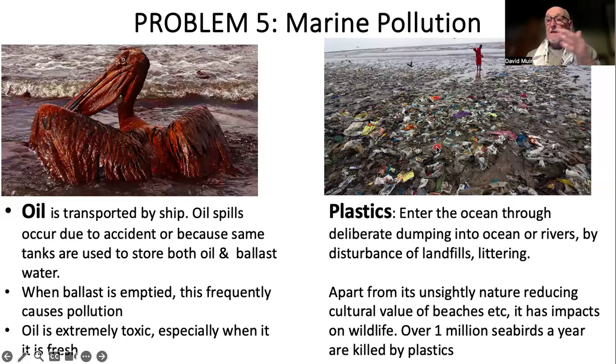And we've discussed that before. We saw the great oceanic gyres, which accumulate huge areas of plastic trash which has ended up in the oceans. In fact, about 1 million seabirds a year are killed by plastics in one way or another.